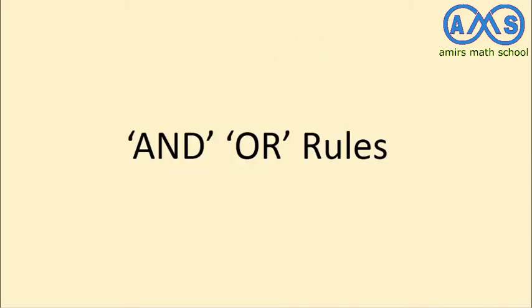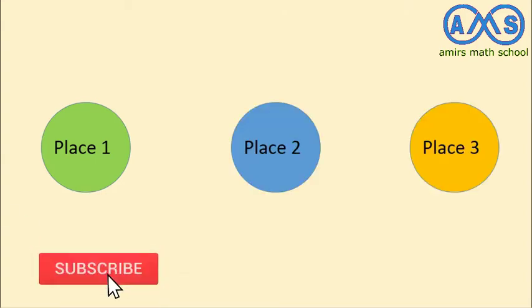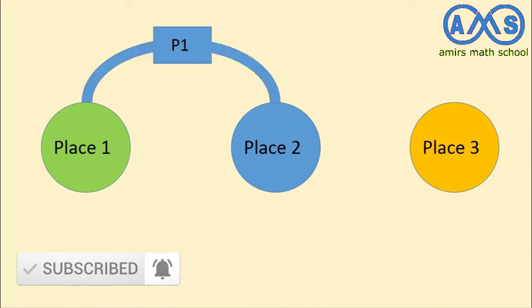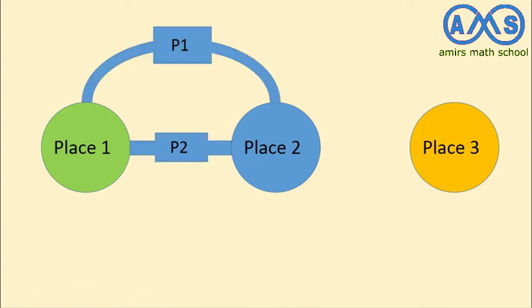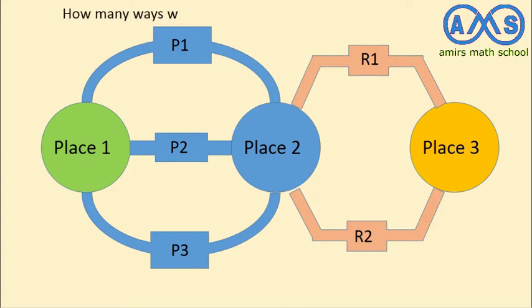Now, AND or rules. Suppose there are 3 places, place 1, place 2 and place 3. Place 1 and place 2 are connected with 3 paths, that is P1, P2 and P3. And place 2 and place 3 are connected with 2 paths, that is R1 and R2. How many ways can we choose to reach from place 1 to place 3?